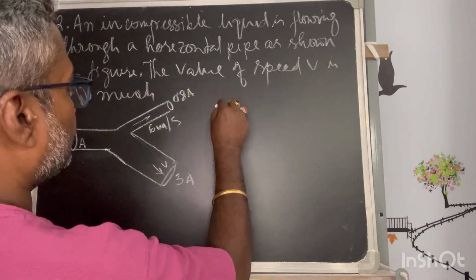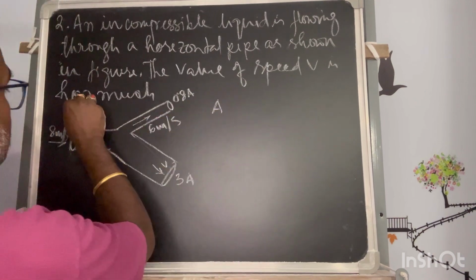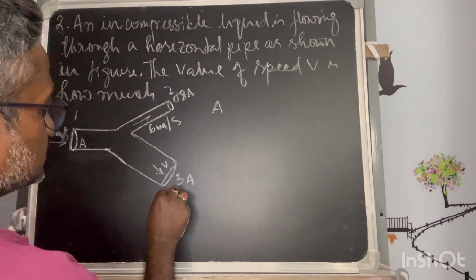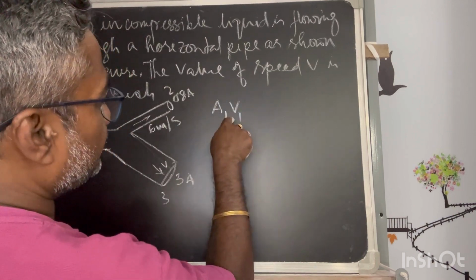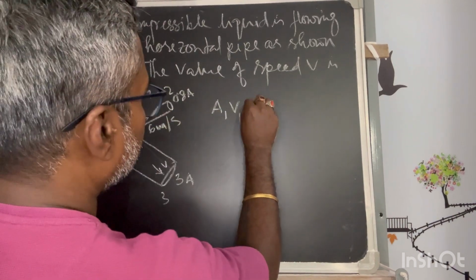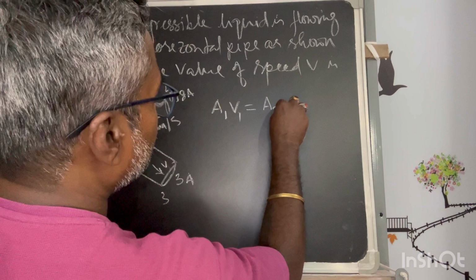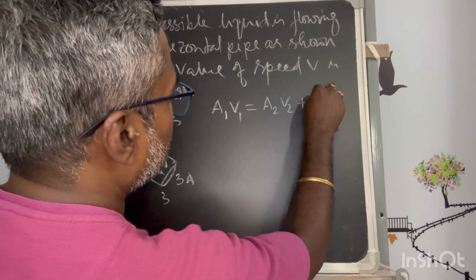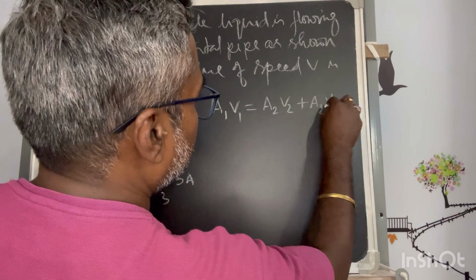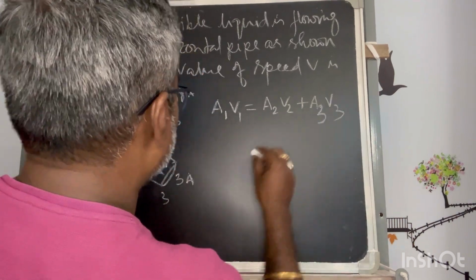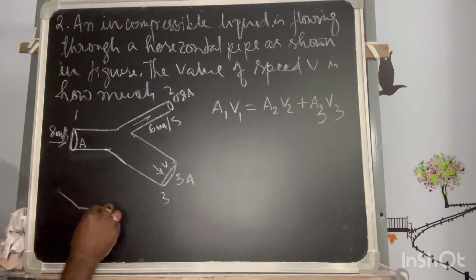What you have to find is, if I say this is 1, this is 2, this is 3, then A1 V1, the A and V at one point, has to be equal to A2 V2, that is in and out. All in has to be added, all out has to be added.